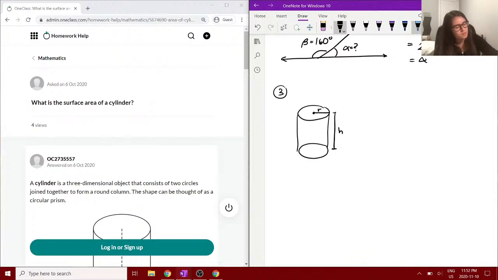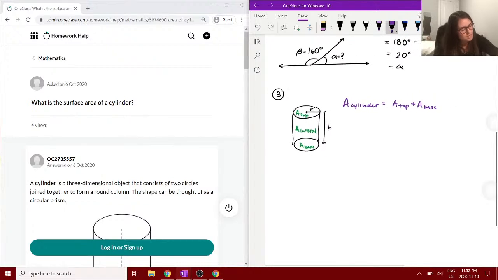So the surface area would include the area of the top, the area of the bottom or the base, and the area of the lateral surface, or the surface all the way around the tube. So for the area of a cylinder, we have to add together the surface area of the top, the surface area of the base, and the surface area of the lateral surface.